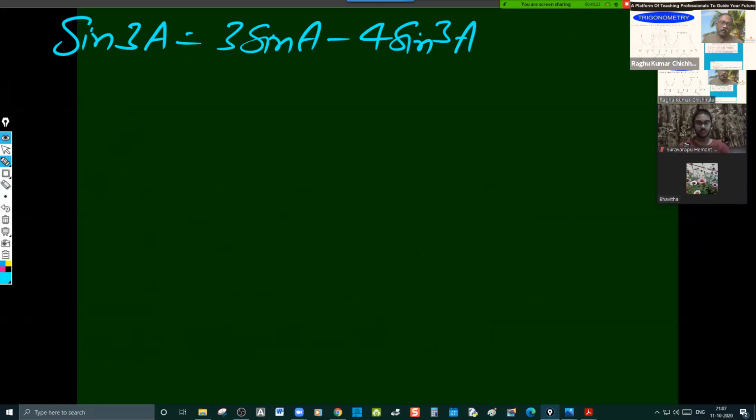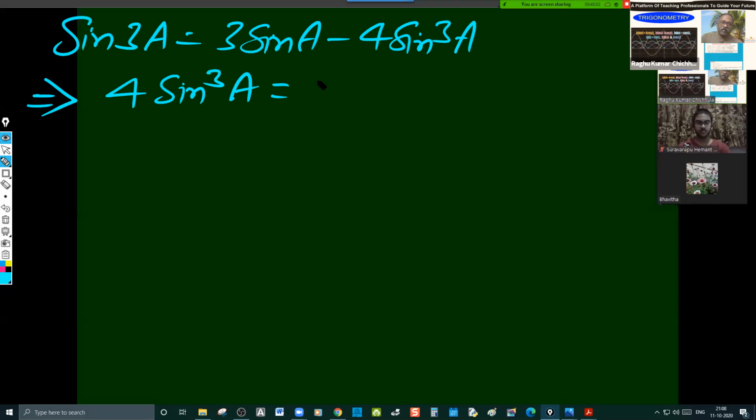Reduction formula means reducing the power 3 to power 1. It happens in integration further in your 12th class. You cannot integrate some functions directly with higher powers, so you have to reduce the power. Then 4 sine cube a is equal to 3 sine a minus sine 3a.